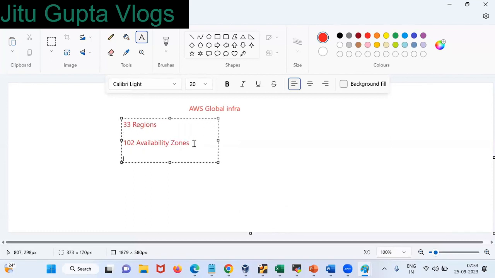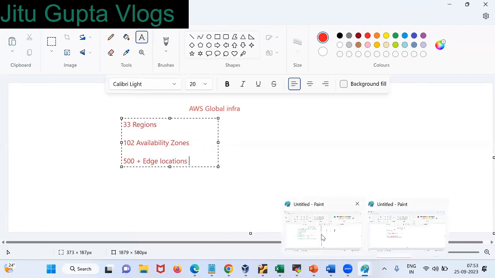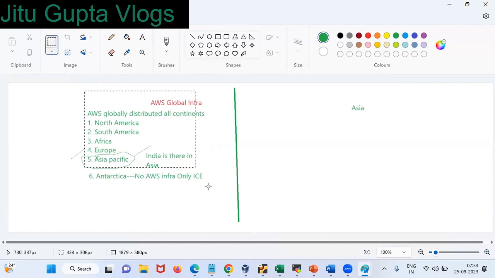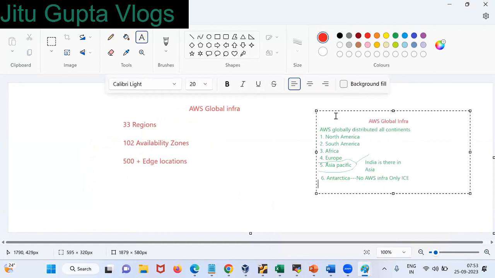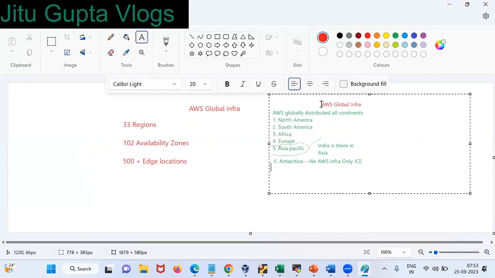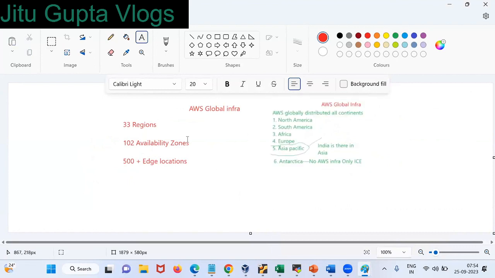And 500 plus edge locations. Sir, what is a region? What is an availability zone? What is an edge location? Edge locations we can discuss later, but we should focus more on regions and availability zones. Okay.